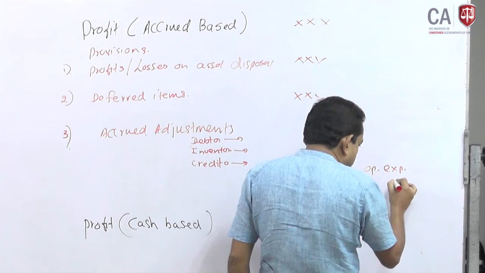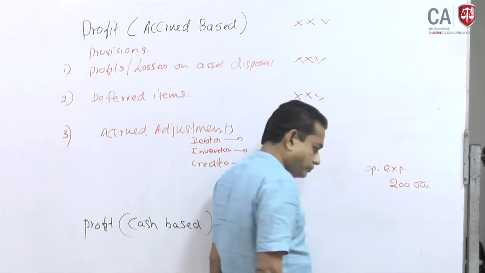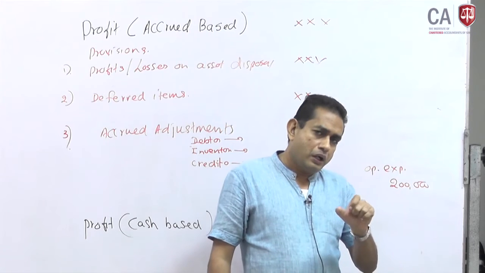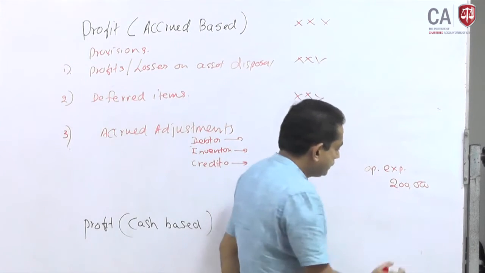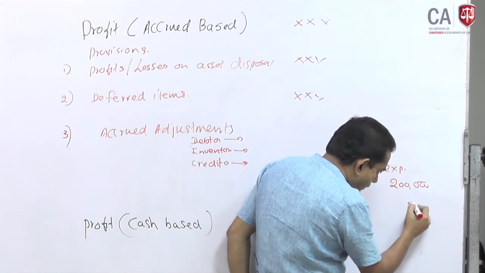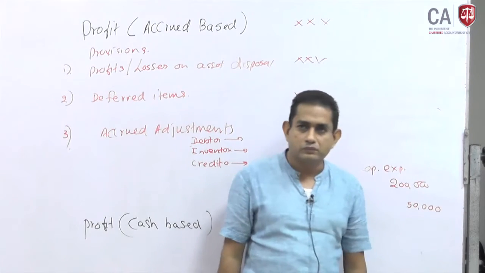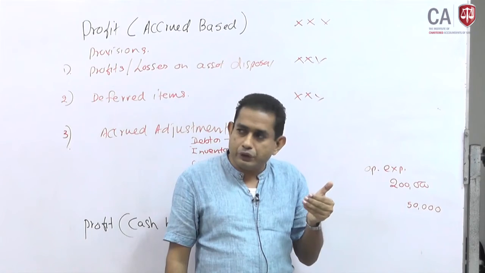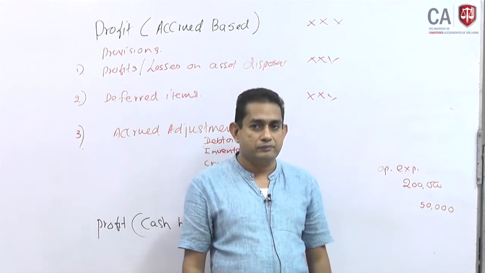Say expenses we have taken to profit and loss is 200,000. Right towards the end of the year, we had 50,000 worth of expenses for which the payments were still due. Towards the end of the year, we had consumed 50,000 worth of services, but we had never settled.